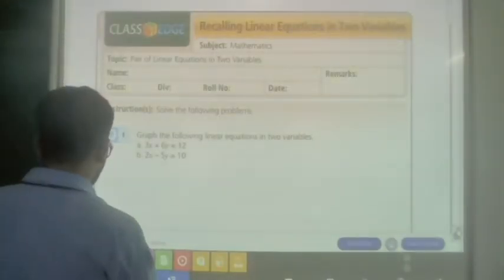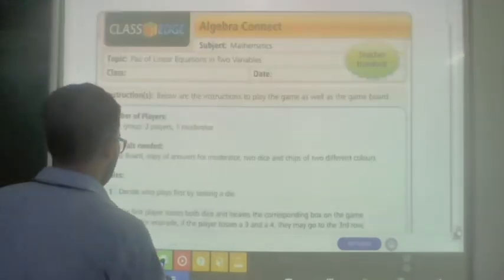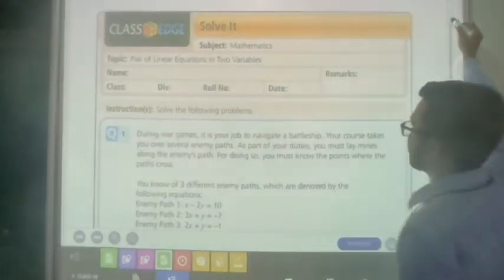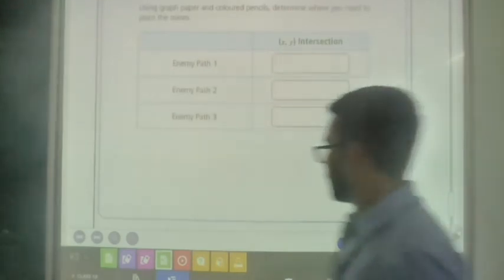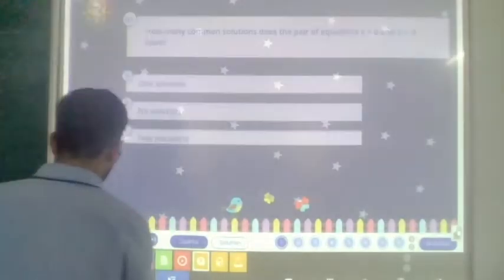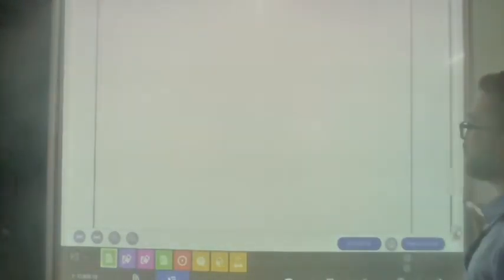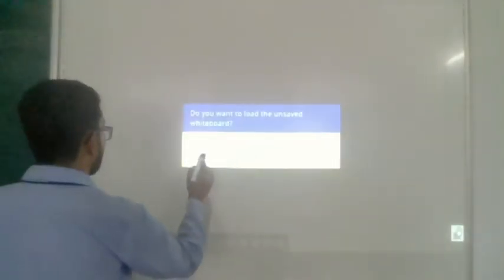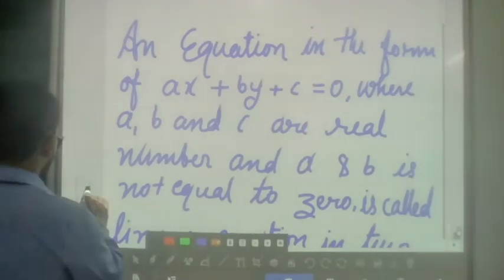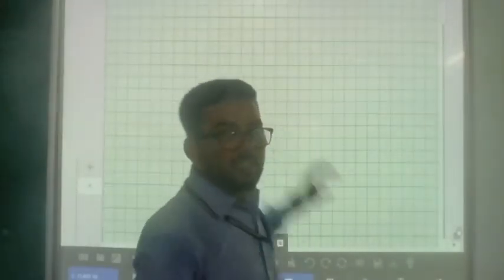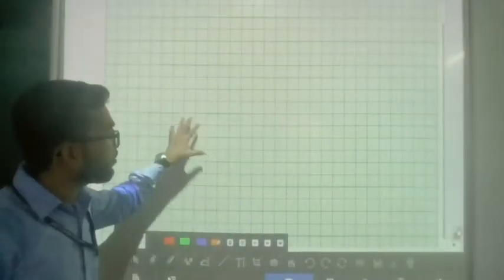Suppose this is a graph, a plane like a graph paper.